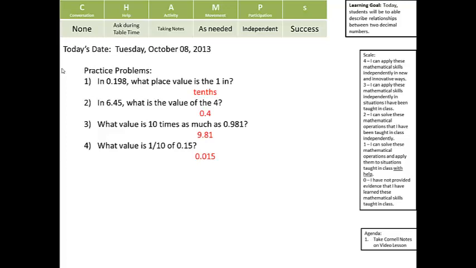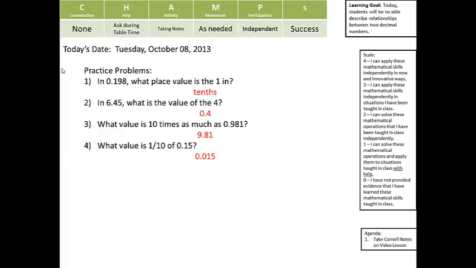All right, so the answers to number 1, the 1 is in the tenths place. For number 2, the 4 has a value of 4 tenths, and again we write that 0 at the beginning.